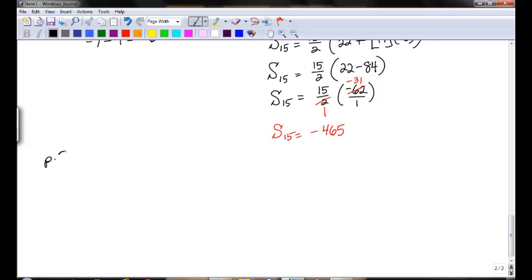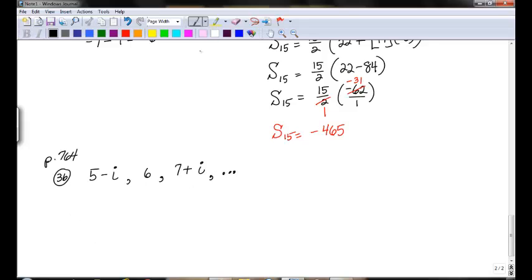Page 764, number 36 says, what is the 12th term of the sequence? The sequence is 5 minus i, and then 6, and then 7 plus i, and then so on.